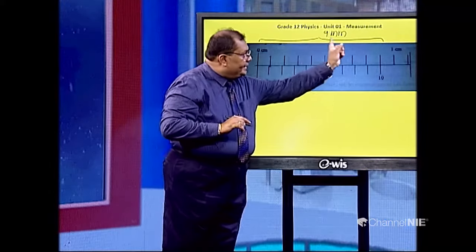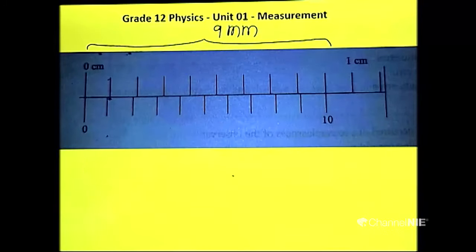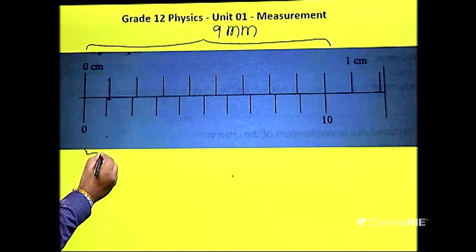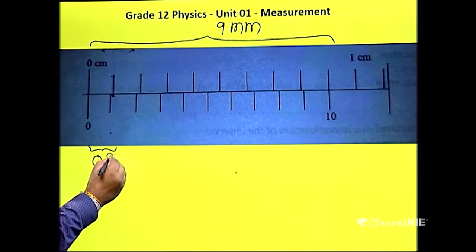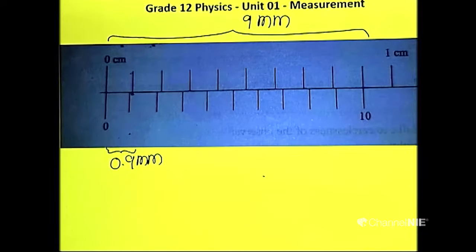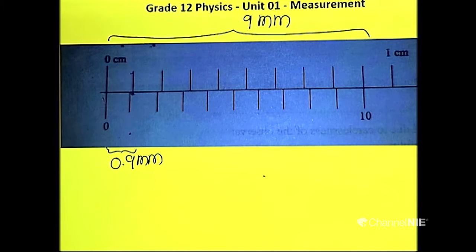I took 9 millimeters and divided it into 10 divisions, so the width of a division is 0.9 millimeters.